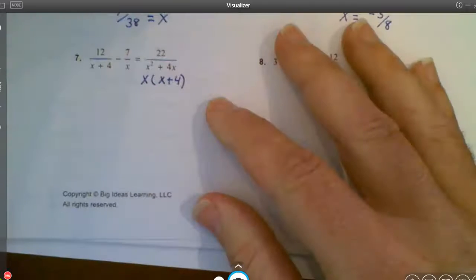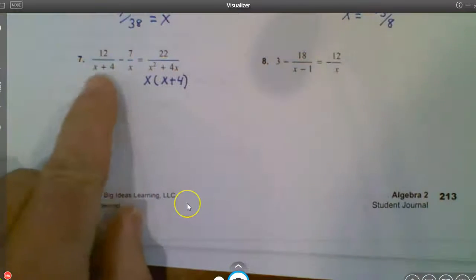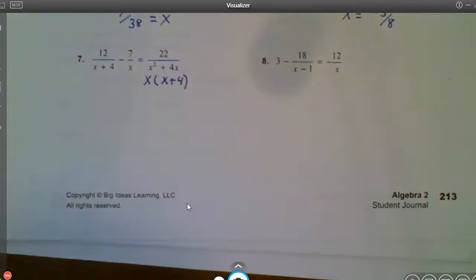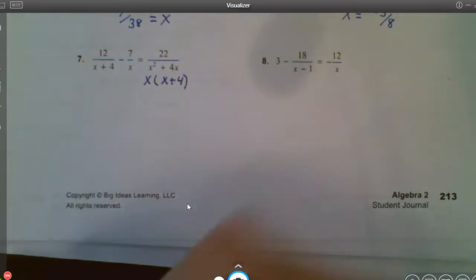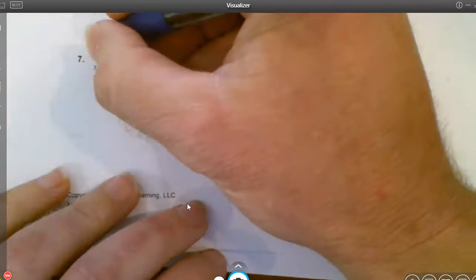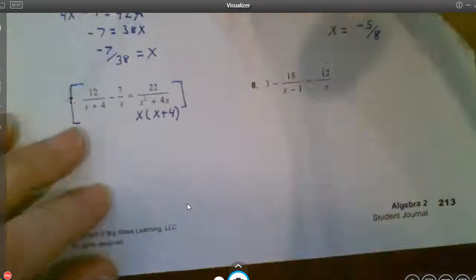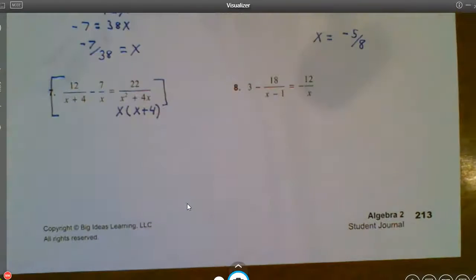So here we go. If we are solving this one again, the goal is to get rid of all these values on the bottom so that we get a new equation with no more fractions. So our goal is to get rid of those 3 things on the bottom.